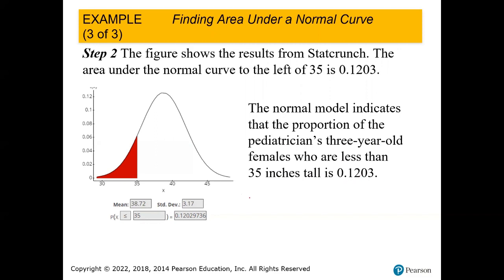Just remember, we can always write those two statements, the proportion of or the probability of selecting, and then the rest of it is all the same. It's just how you start it. But because this one specifically asked for the proportion, we wrote our interpretation in terms of the proportion.